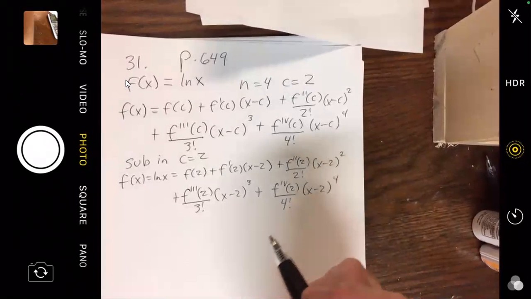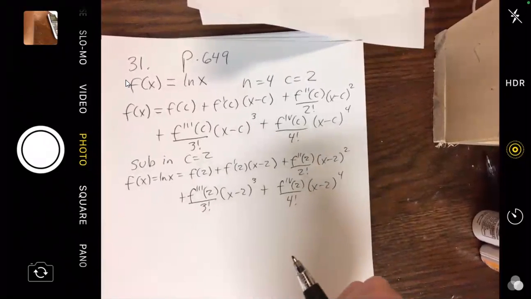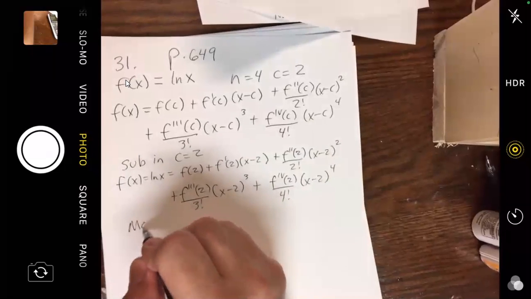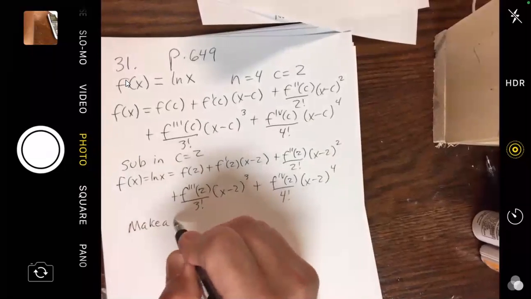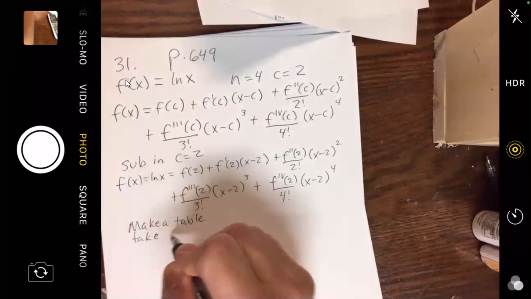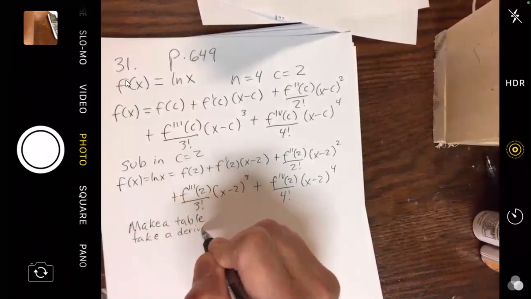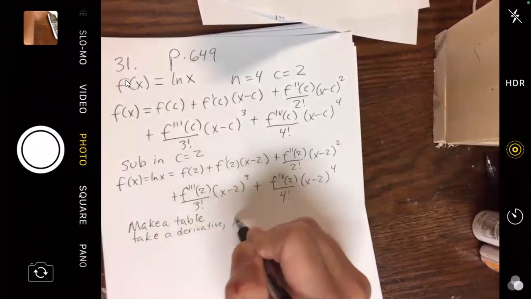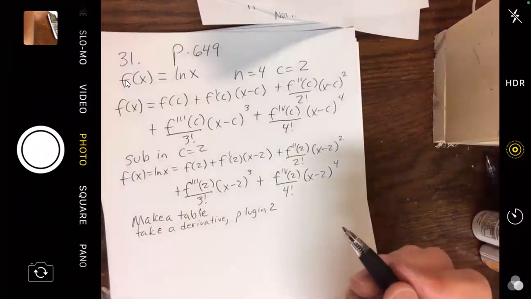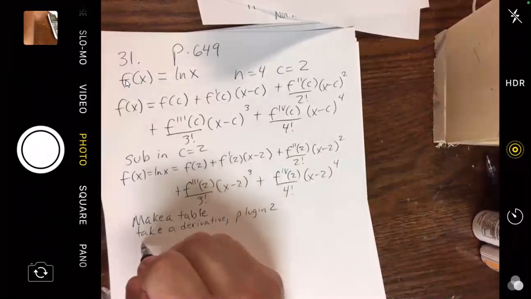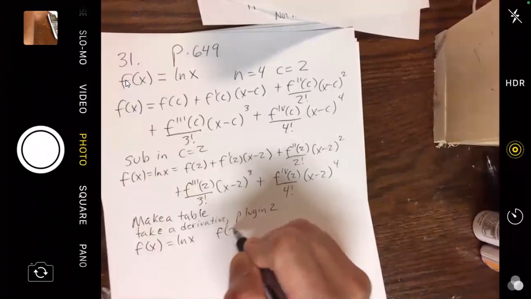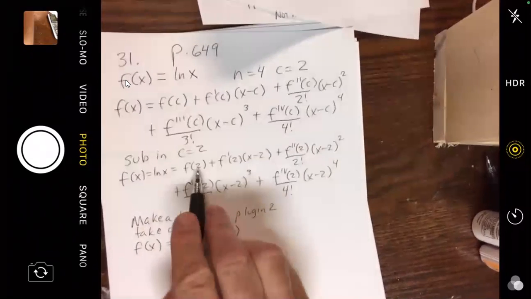Okay, are we ready to charge in? I'm going to make a table. You take a derivative, plug in 2. All right, so I start with f of x, and that's log x, and f of 2 will be the first piece right here.